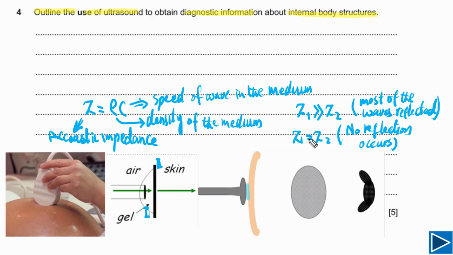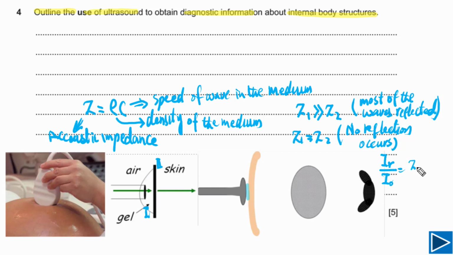We can also understand in a different way: in a single medium the acoustic impedance is the same, so there is no reflection within a single medium. We can also understand this by the reflected intensity divided by the incident intensity.